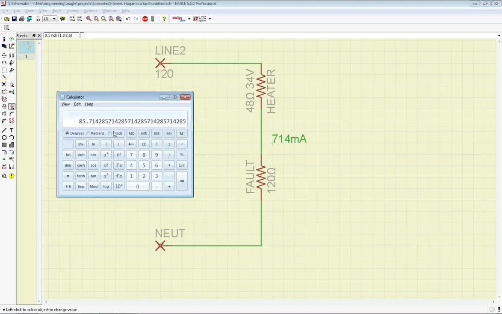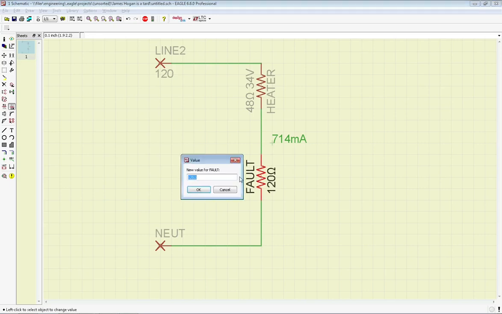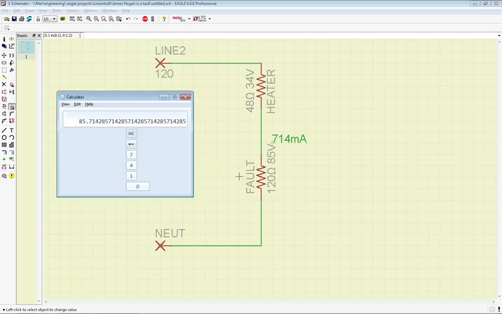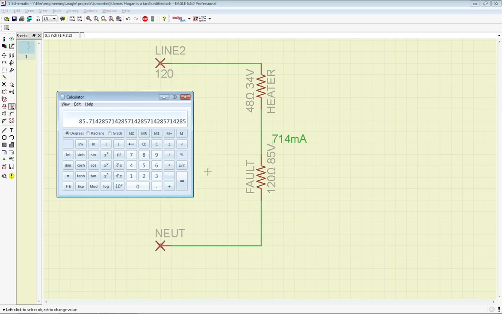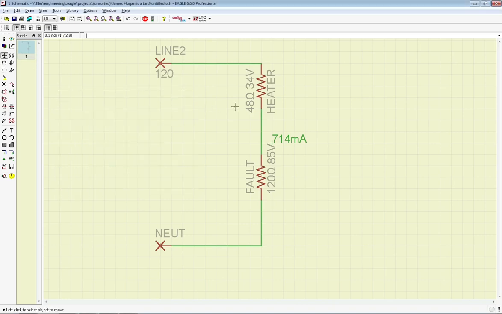That's 85 point whatever volts, so basically 85 volts. I've rounded off, so it's not going to add up perfectly. But there's 120 volts across the total, and 34 plus 85 should come out to roughly 120. Look at that, 119.